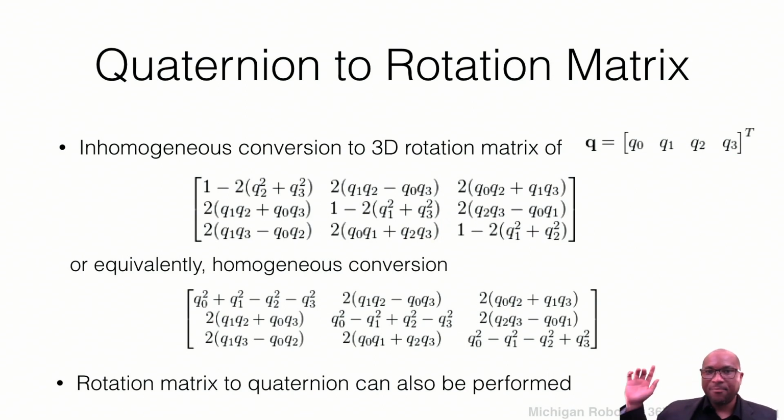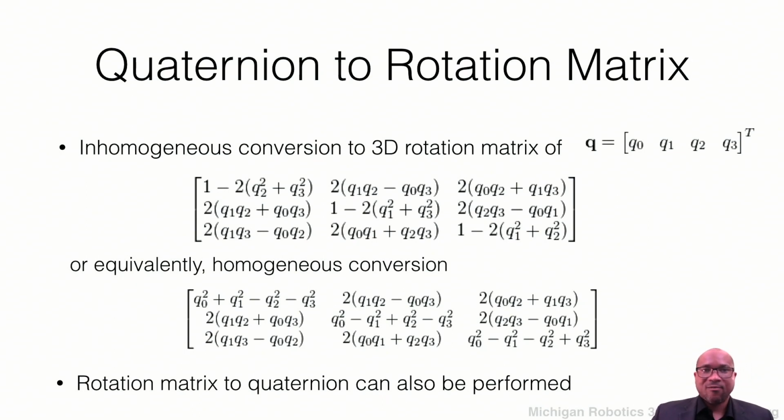Imagine that you have a quaternion with 4 elements, and we take each of those elements and put them into one of these two forms to get a rotation matrix. This is going to be a 3x3 non-homogeneous rotation matrix that we then need to put into a homogeneous transform. We should also note that you can convert a rotation matrix to a quaternion.